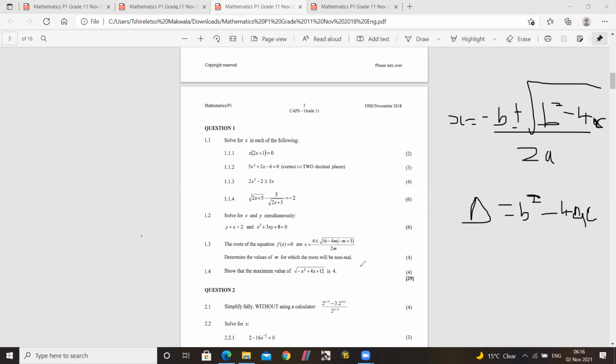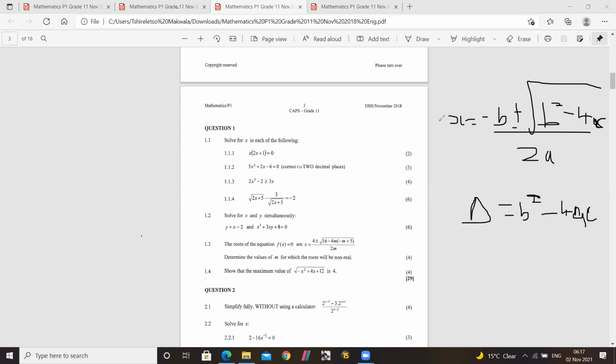What I'm trying to say is that delta is the only thing that can change the property of an x-intercept. I'll show you why. Delta is equal to b squared minus 4ac, which is this part under the square root in this equation.